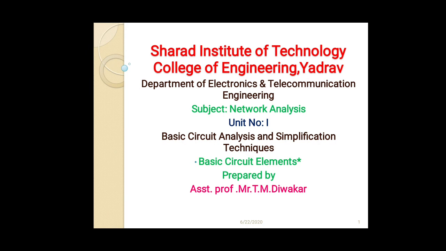In the second section there are again 3 chapters, and also 6 assignments. These assignments will be considered for continuous assessment 1 and continuous assessment 2. So today we are going to start the basic circuit elements.